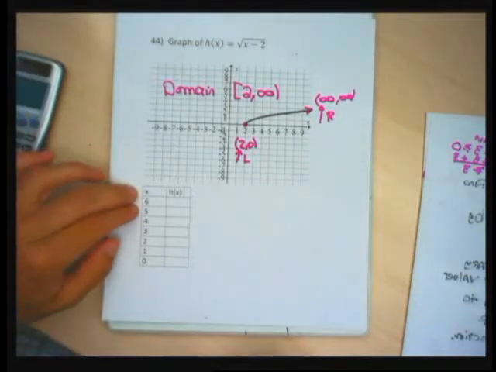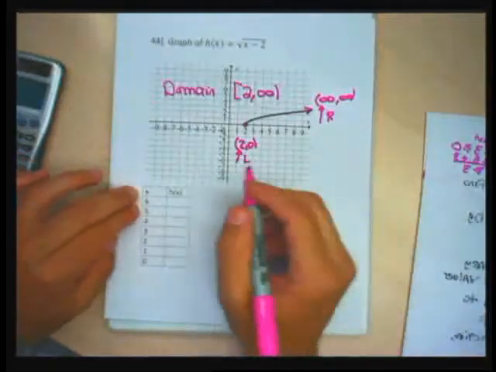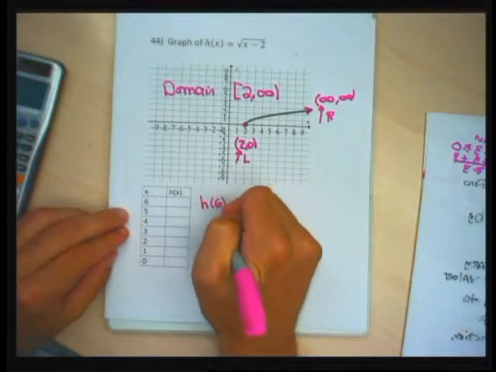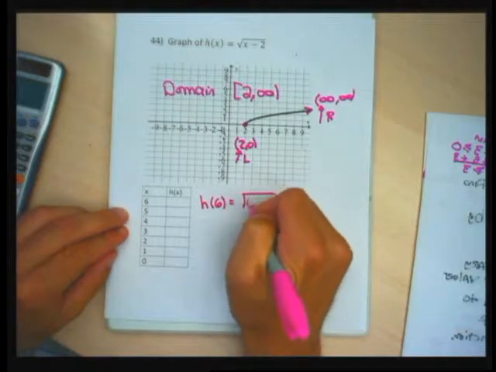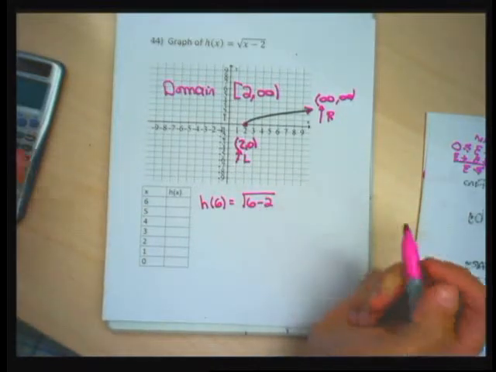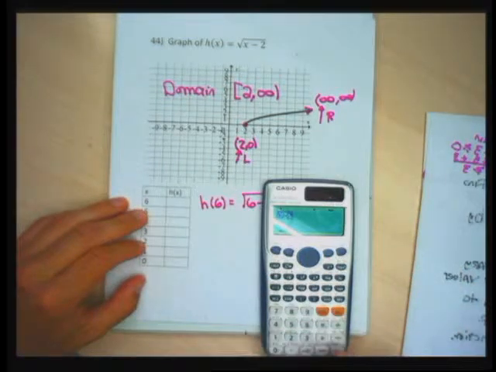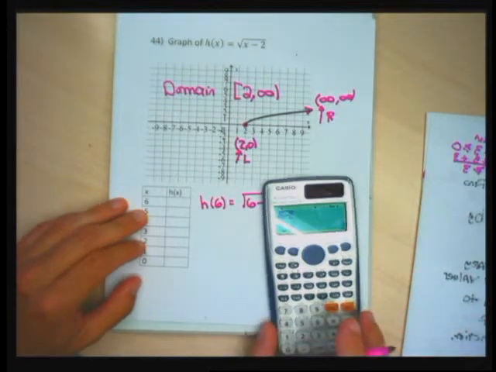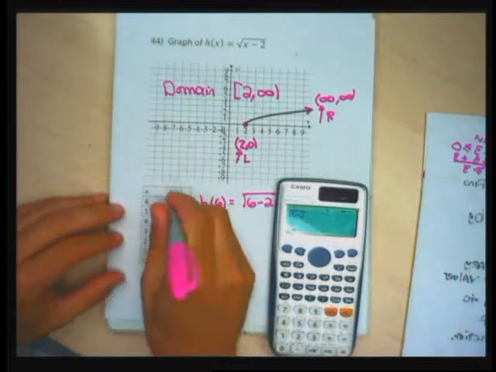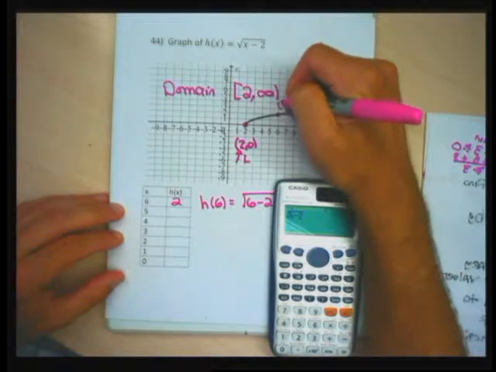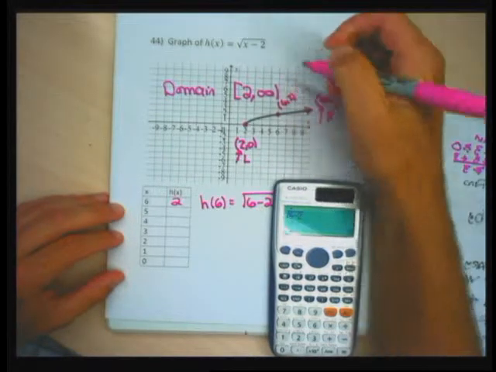So if I fill in this table, the table could help me create the graph. First thing I would do is find h of 6, which is the square root of 6 minus 2. I don't need my calculator, but I like using it, so I'm going to go the square root of 6 minus 2. My calculator tells me that that's 2, because that's the square root of 4, which is 2. So on my graph, that would be this point, the point 6, 2.